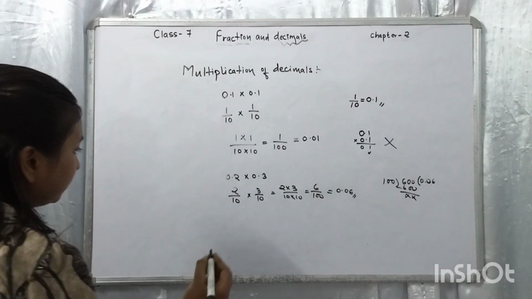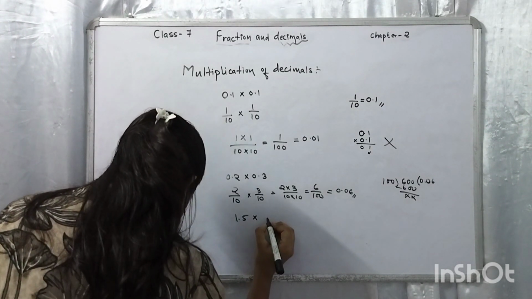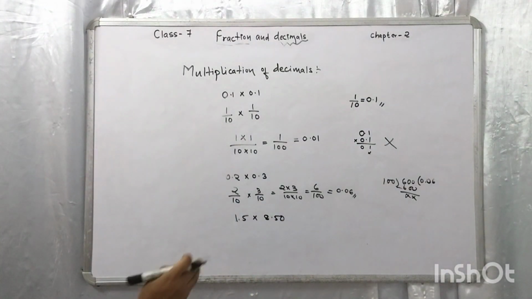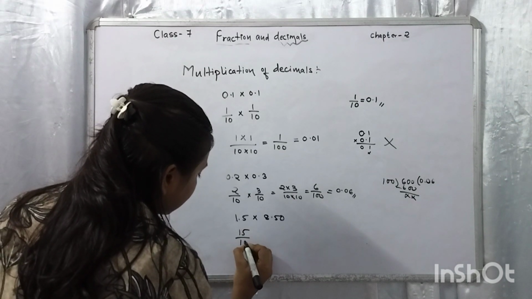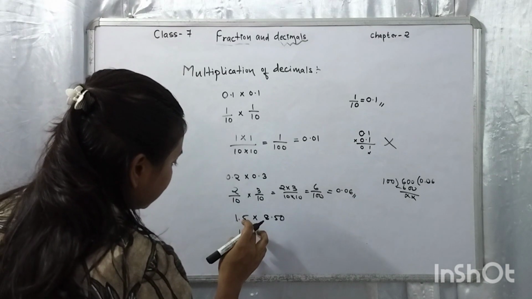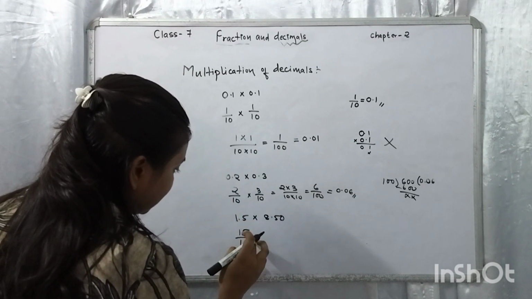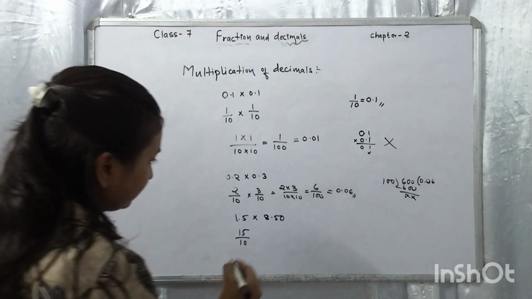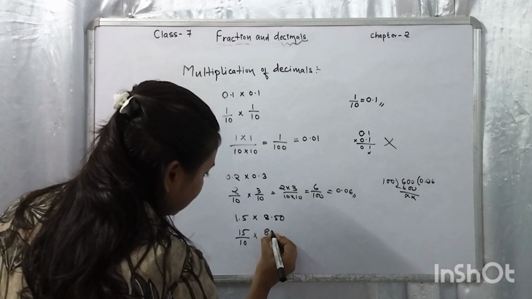Now let's move to another number, that is 1.5 into 8.50. Fine. So how can this be converted into a fraction? That is, how many points you will shift it. See, the point was here, you have shifted it to this side, you have shifted 1 point, so you will divide it by 10. Into, you want to shift it 2 points, so you will write 850.